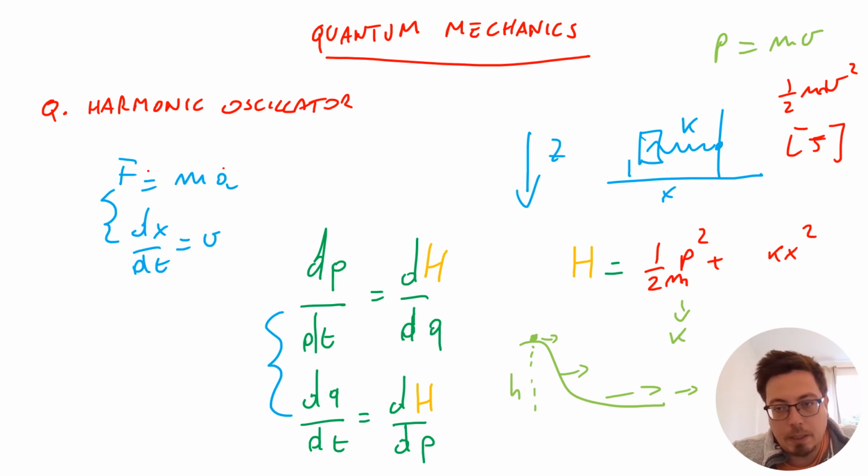It's a number that tells you how much energy in the system is due to the fact that it is moving. And the other part is called potential energy, or U, and it tells us how much more energy can be exploited by moving in the x coordinate.